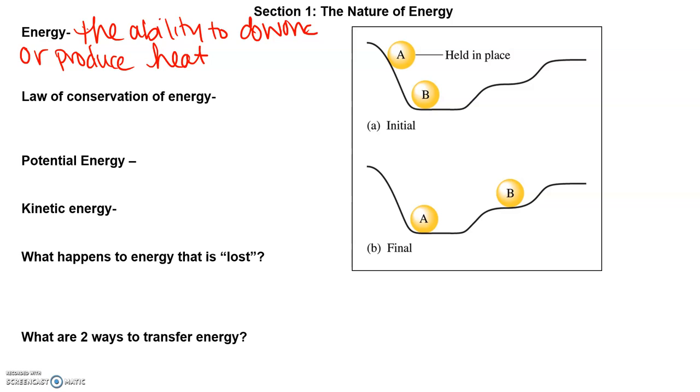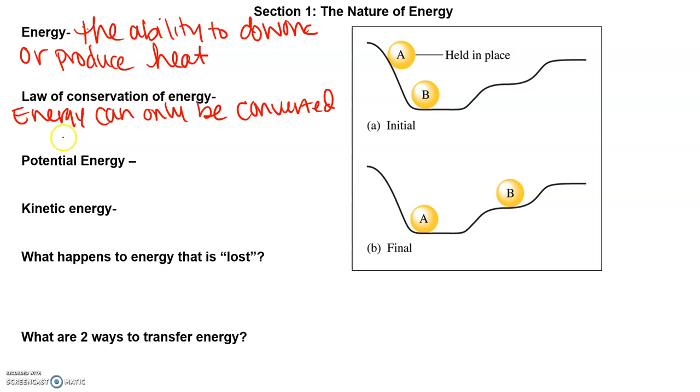The law of conservation of energy, which is also called the first law of thermodynamics, says that energy can only be converted from one form to another. It cannot be created or destroyed. And so you can remember it as the law that says energy can't be created or destroyed.